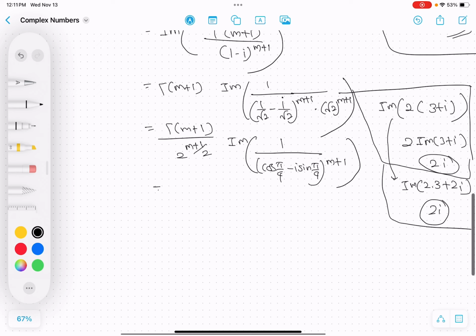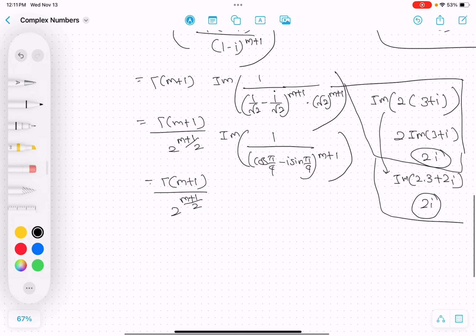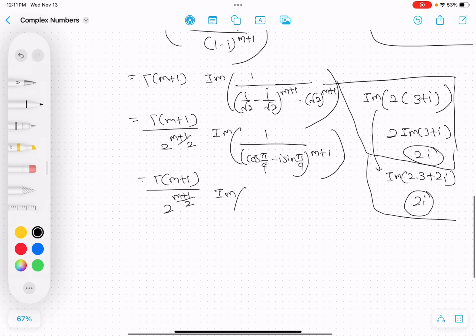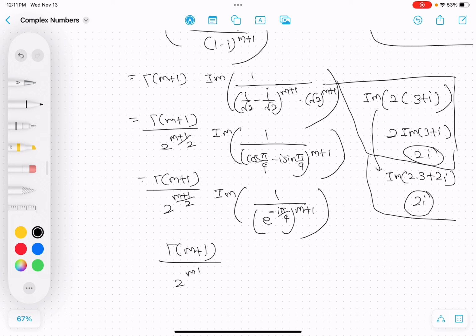Now after this it is gamma m plus 1 by 2 to the power m plus 1 by 2, and then the imaginary part of e to the power minus i pi by 4 times m plus 1. Now you can take it to the numerator. So gamma m plus 1 by 2 to the power m plus 1 by 2, imaginary part of e to the power i m plus 1 pi by 4.